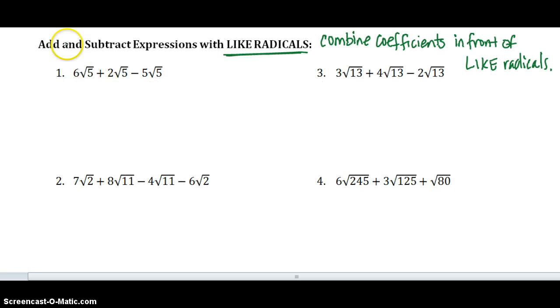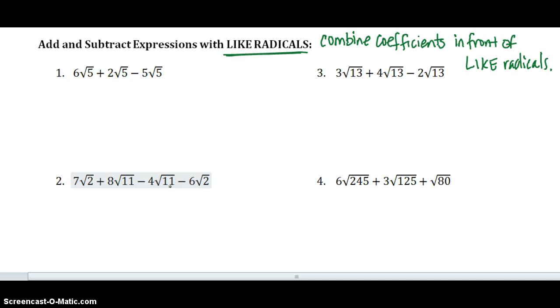So on the back, when you're adding and subtracting expressions with like radicals, you're going to combine the coefficients in front of the like radicals. So it's just like having x's and y's. You can add all your x's together and you can add all your y's together, but you can't combine x and y. So if your radicals, like in number 2 here, you have radical 2 and radical 11, you can't combine those.